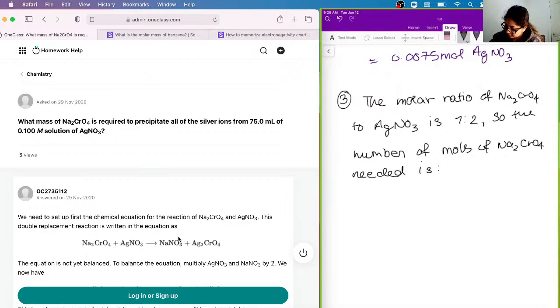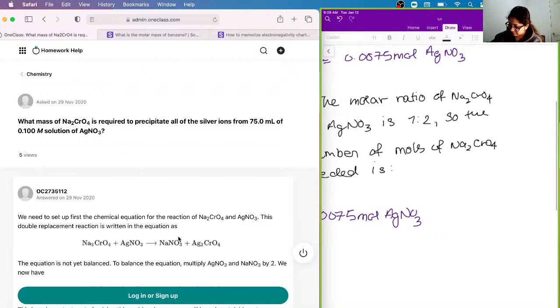So you would have 0.0075 moles of silver nitrate multiplied by 1 mole of Na2CrO4 over 2 moles of AgNO3.